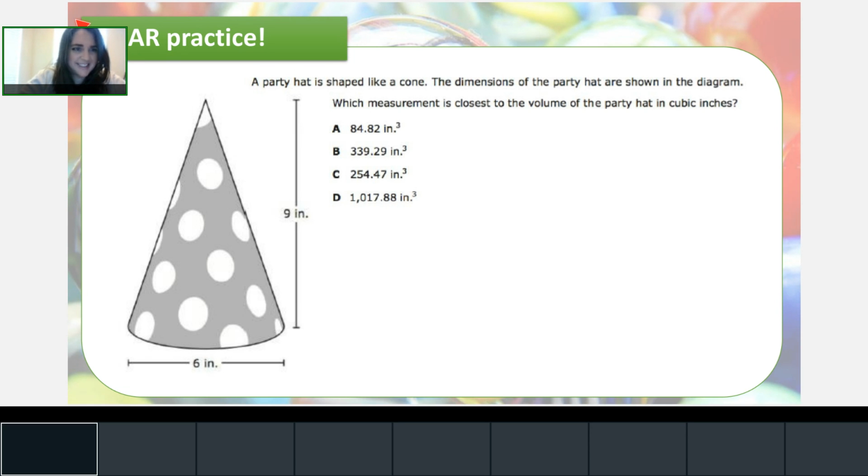All right, so the first thing I want to do is put in our formula. And our formula, as we just determined, is volume equals 1/3 the big base times the height. So I'm going to figure out, what do I know?